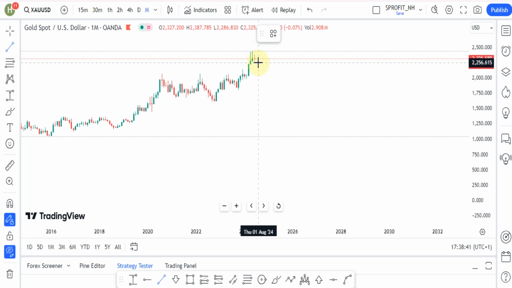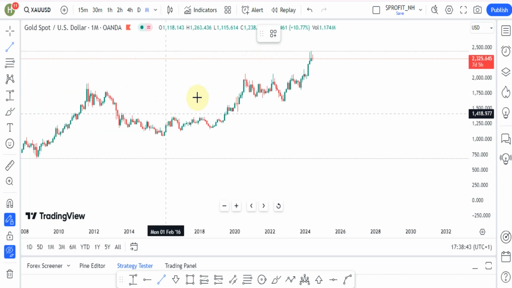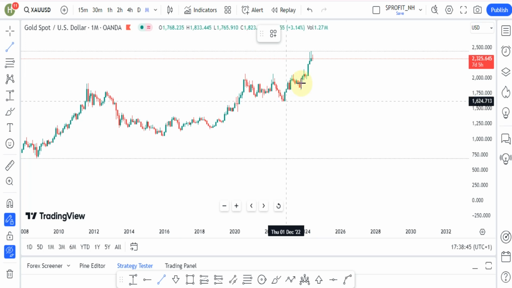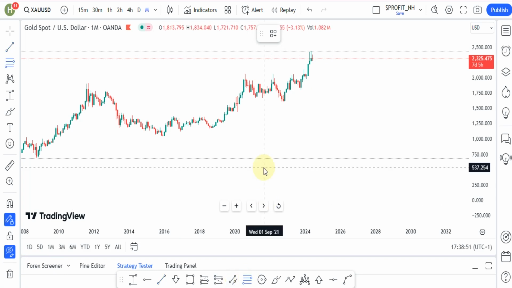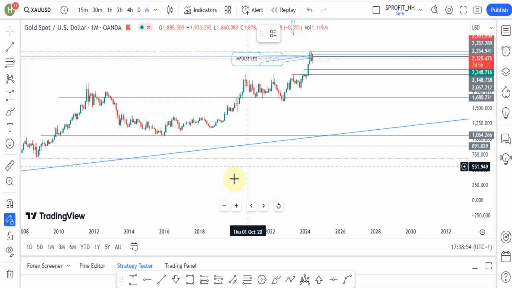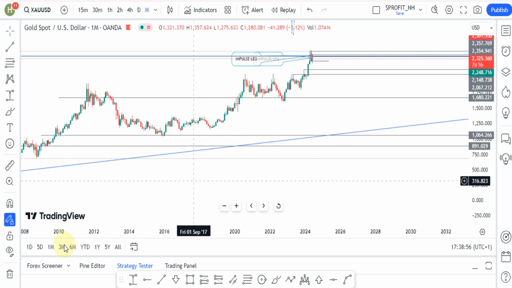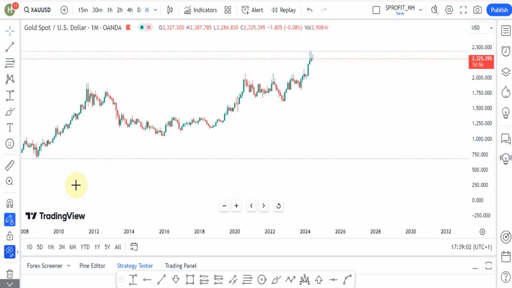Another thing that you can observe from this point, you see, we had an impulse move all the way from down here, but the market hasn't given us any reversal pattern, any correction. Which means there's a possibility this market will come down at least to give us a correction before probably continuing to push upward.